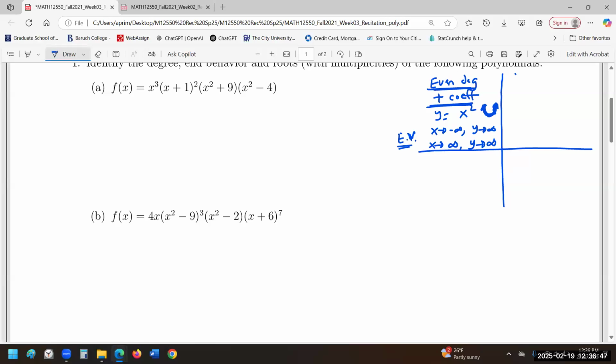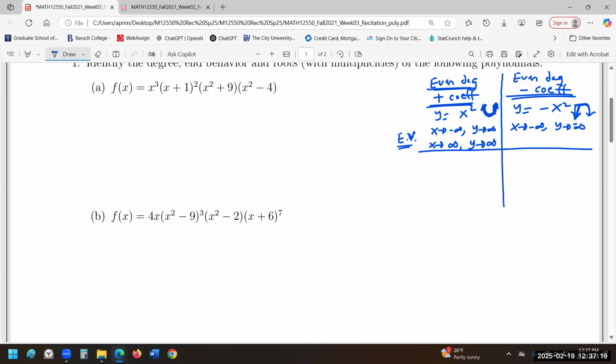Now we have even degree with negative coefficient. Best example, same thing but with a negative sign, y equals negative x squared. And we know y equals negative x squared is an upside down parabola. So what is happening here? When x is going to the left side, our y is going downward. Sorry, y is going downward.